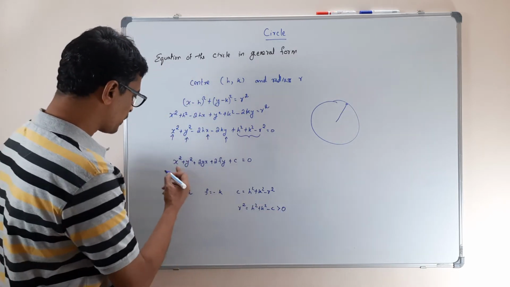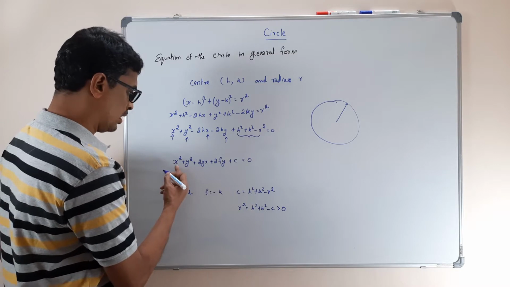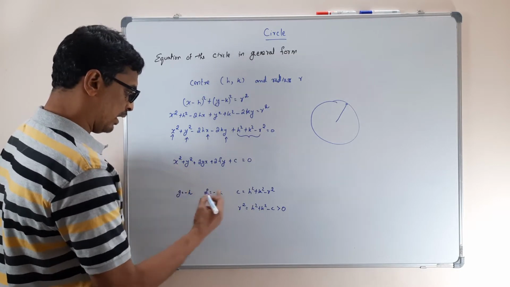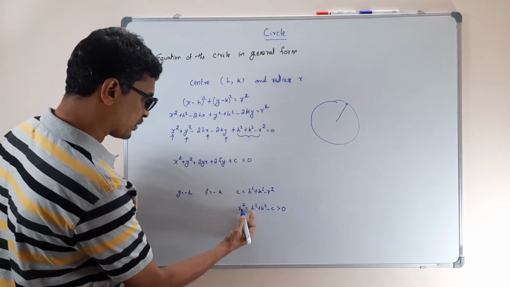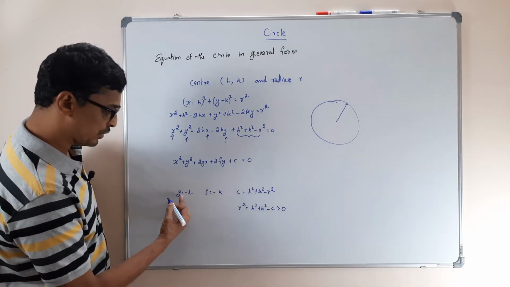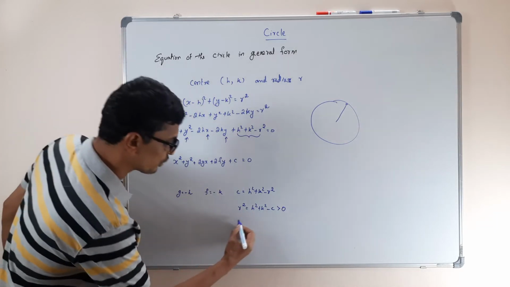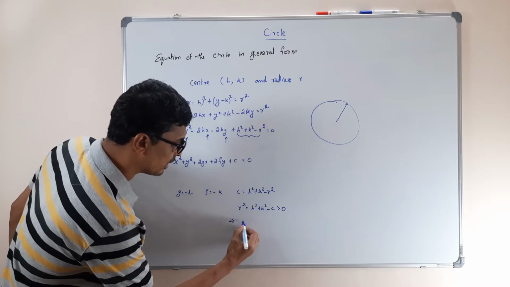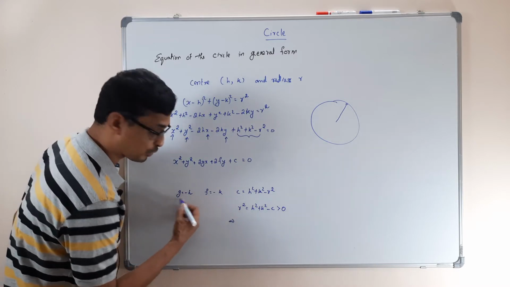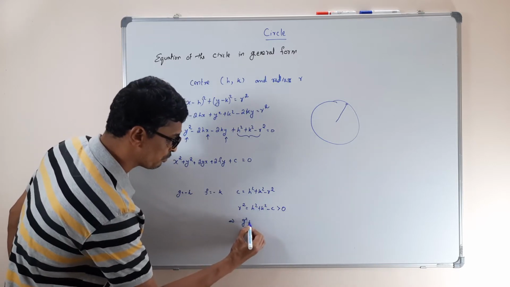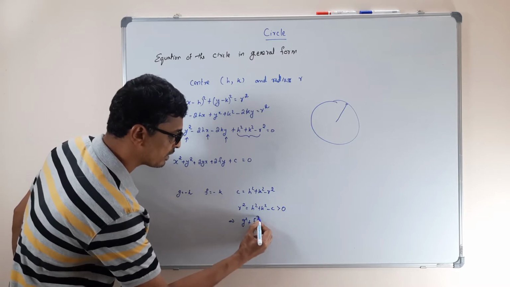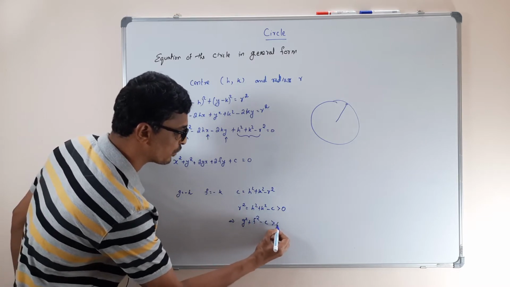So, what will be h square? We know h is equal to g, correct? So h square means g square, because of the square. So, g square plus f square minus c should be greater than 0.